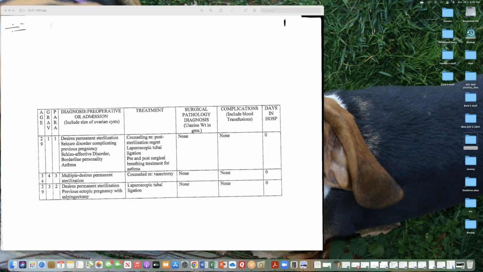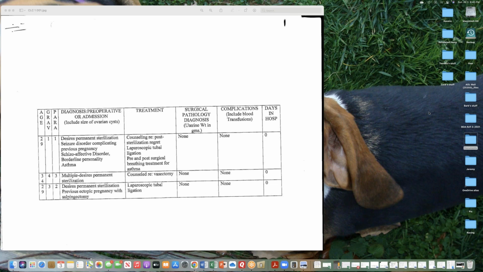Just that they desired permanent sterilization. Okay. Anything else? Nothing that I can see. Okay, good job. Good comments.